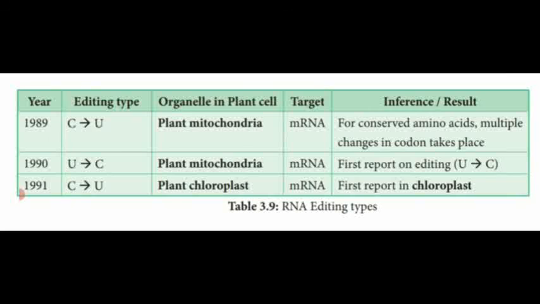Another one, in the year 1990, uracil to cytosine, mitochondria, messenger RNA. First report on editing, that is U to C. In 1991, cytosine to uracil, seen in the cell organelle chloroplast, mRNA. First report in the chloroplast. So these are all the different RNA editing bases which are responsible for gene expression in cell organelles such as mitochondria and chloroplast.